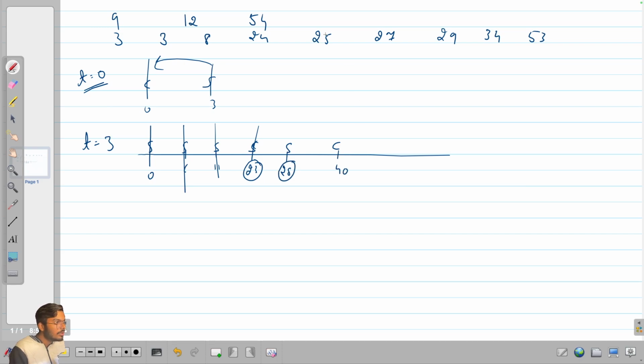Now let's talk about this one. So now 27, obviously it can go more to the right. It should go right because we are already ahead. So it will go 3 units right. So this scarecrow will go to position 30, and it will push the crow 2 units more. So our position is now 42. Okay. Now we have another scarecrow at position 29.